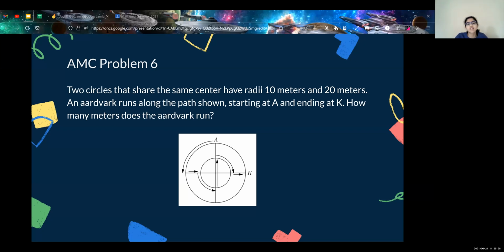An aardvark runs along the path shown, starting at A and ending at K. How many meters does the aardvark run? That's how you spell aardvark, by the way. Radii is just the plural of radius.